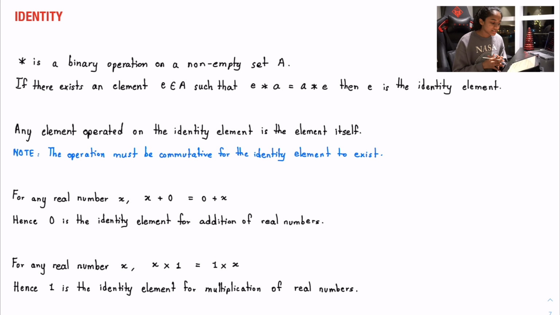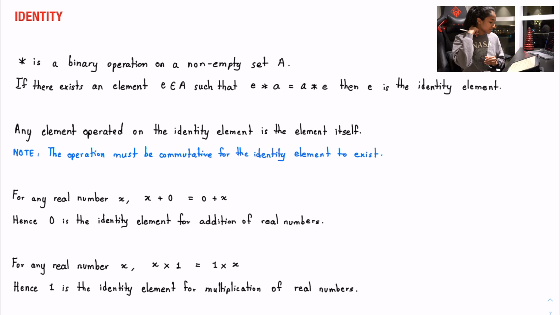All I'm saying is that you get back the element after being operated on, right? The operation was addition and you got back the same x after adding 0, and that's why 0 is the identity element.